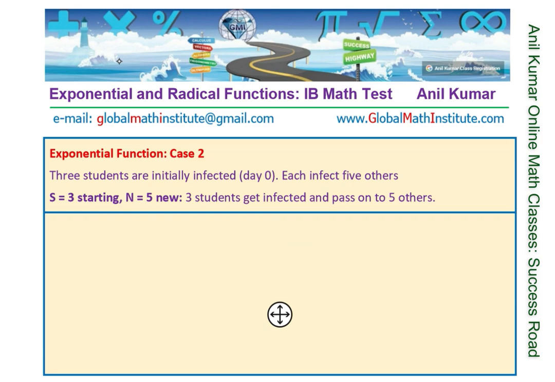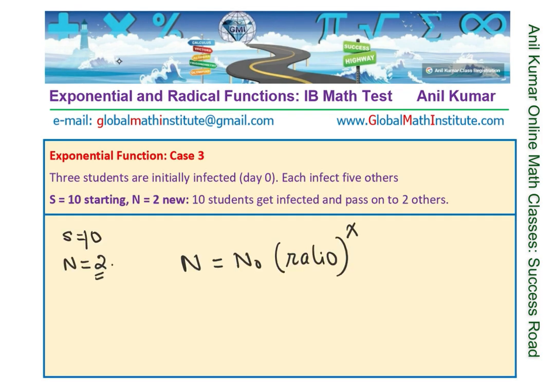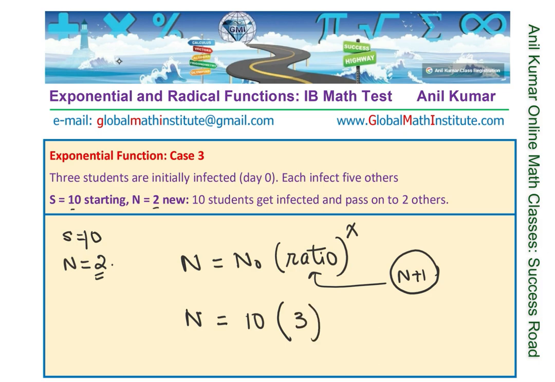Do you see that? So in this particular case, the ratio should be equal to new infected plus 1. And therefore, you can check your result that n should be the starting number 10 times 2 plus 1, that is 1 more than 2, so it is 3 to the power of x. And that becomes the model for this particular situation.